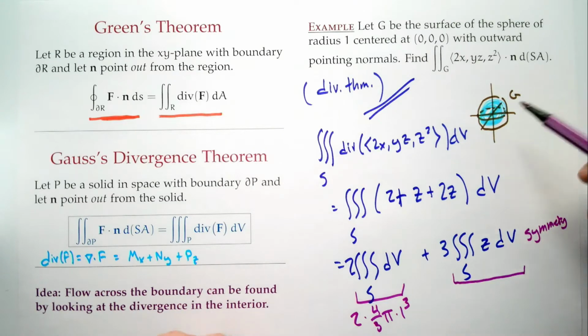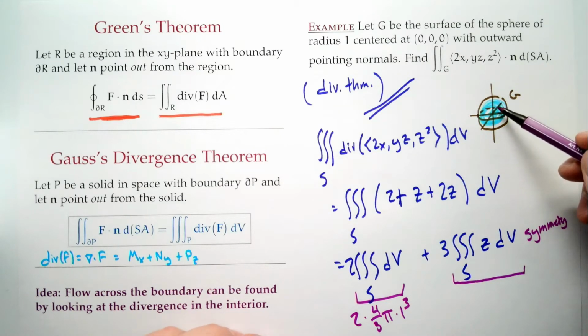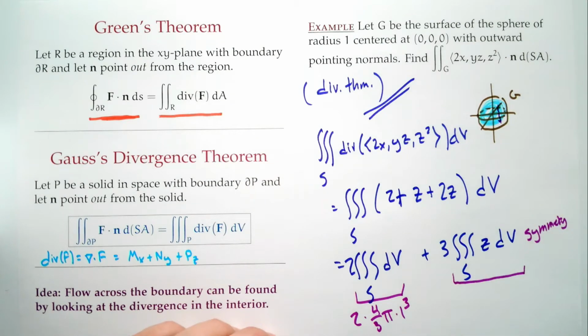In particular, if I take a point above the xy plane and compare it with a point below the xy plane, the values will have the same magnitude but different sign, because one is positive and the other is negative. So when I add them all together, what happens? You get cancellation, which means this integral is 0 by symmetry.